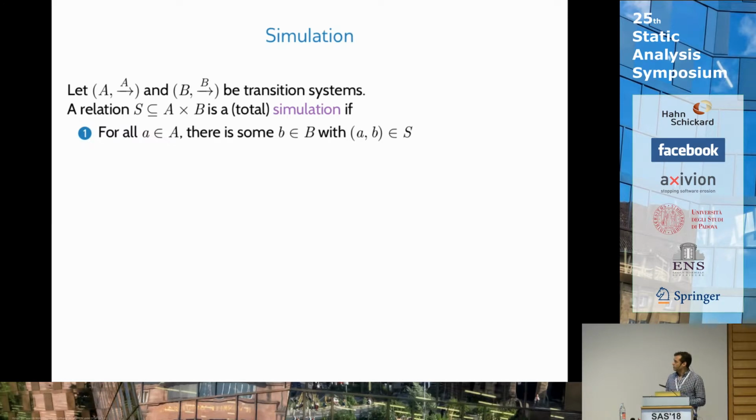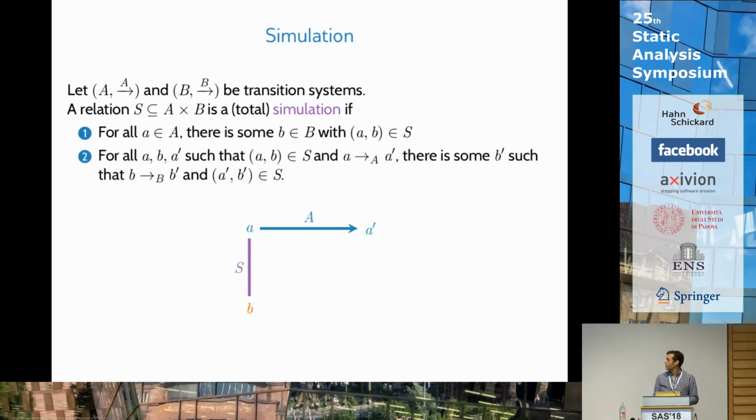So a simulation between two transition systems A and B is going to be a binary relation which is, first of all, total. So for all A states, there's a corresponding B state that simulates it. And if A is simulated by B, and A can take a step to some A prime, then B can take a corresponding step to B prime, and B prime will simulate A prime.